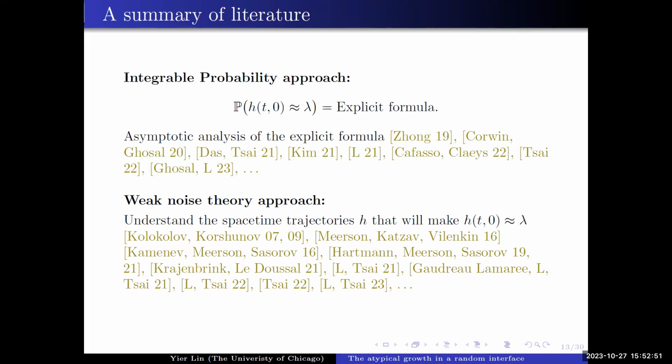There's a lot of work on this side using the exact formula to understand what happens in the tail of the KPZ. And there's a different flow of work using the so-called weak noise theory. The logic behind it is that if we want to understand the probability of H staying around this lambda, which in general is, for example, very negative or very positive, this probability has certain decay and is unlikely. So we want to first understand the space-time trajectory that will make the value behave unlikely and use that information to study the tail.